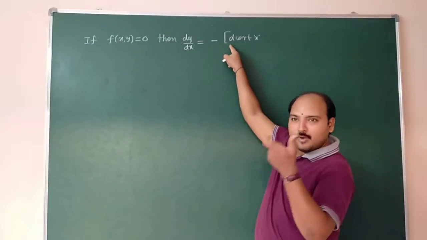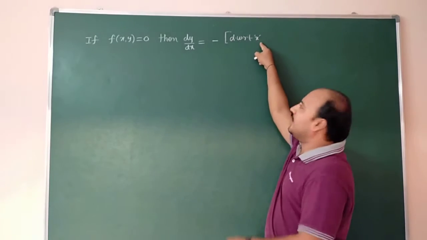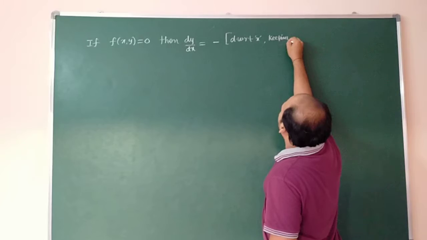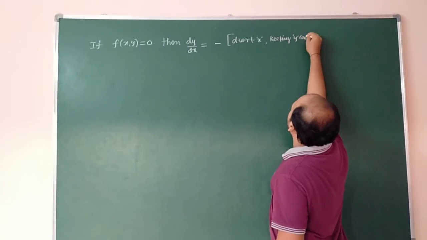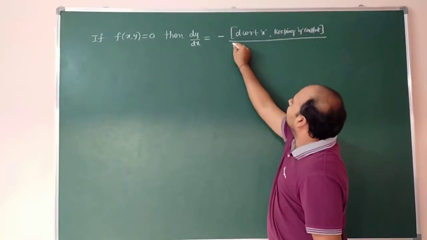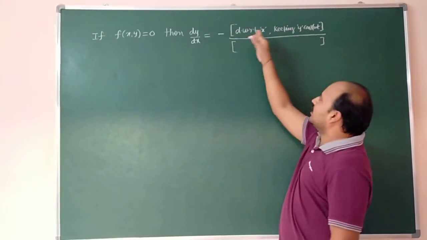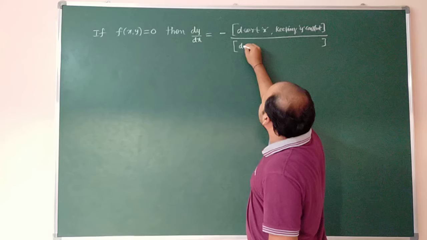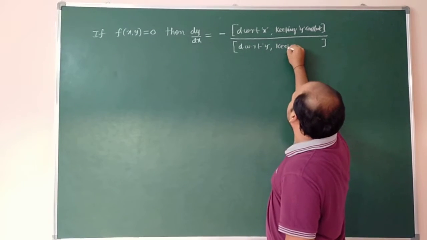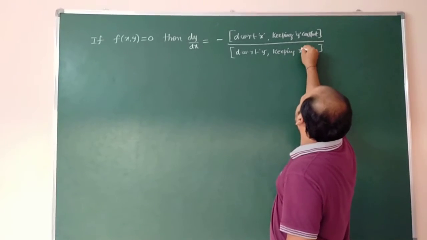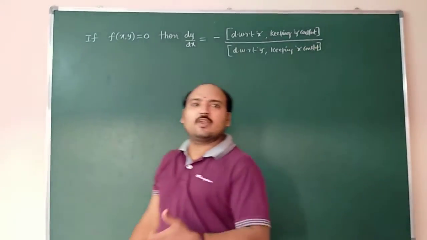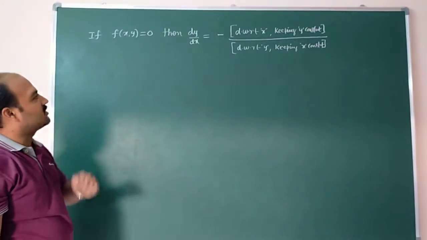But among that, differentiate with respect to x, keeping y as a constant. That we have to write in the numerator, divided by, same procedure we have to follow: differentiate with respect to y, keeping x as a constant. We will see one example based on this concept.